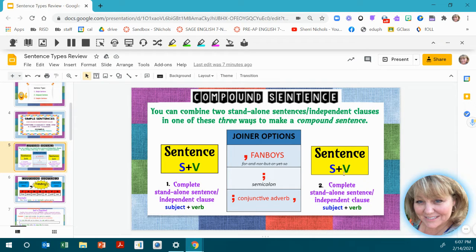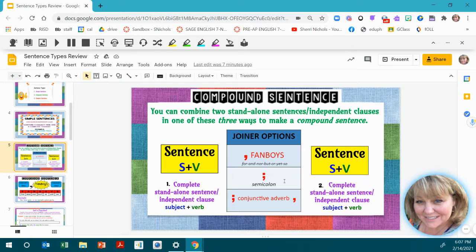Or you can join these two sentences together with a semicolon. Or you can join these two sentences with a semicolon, a conjunctive adverb, and a comma, sort of like however. So semicolon, however, comma, and then you say the second part.